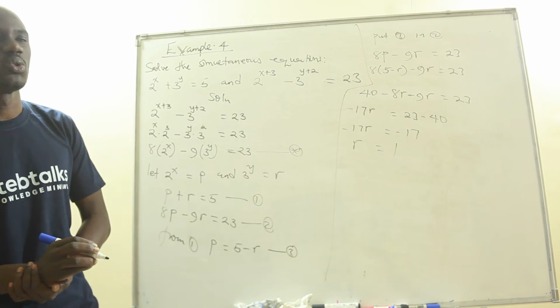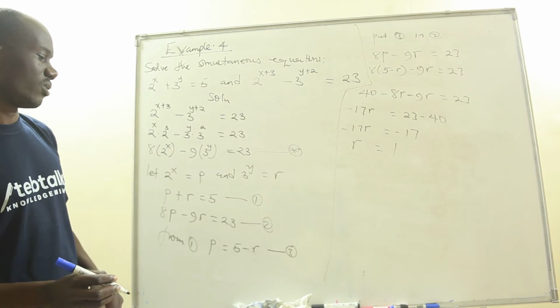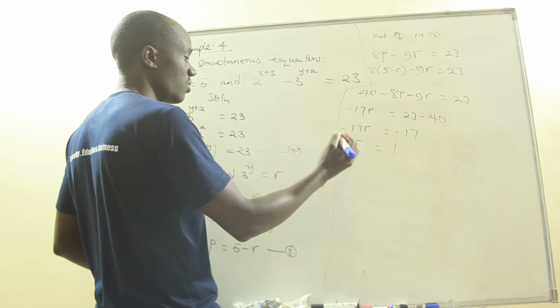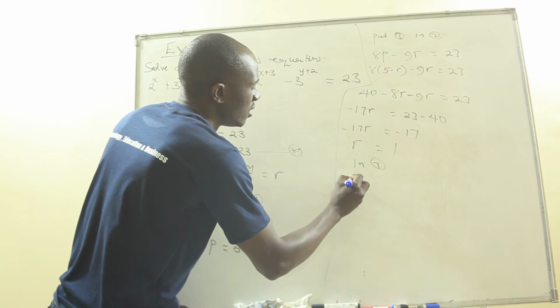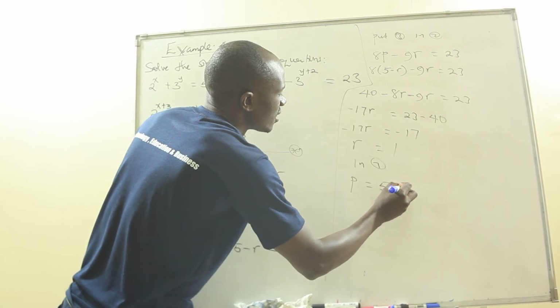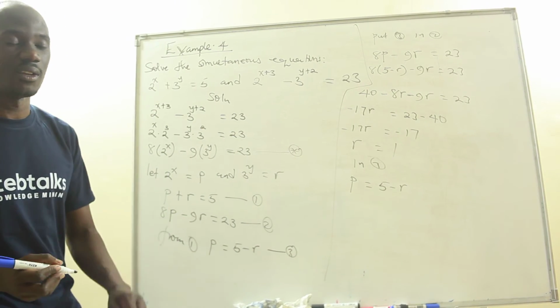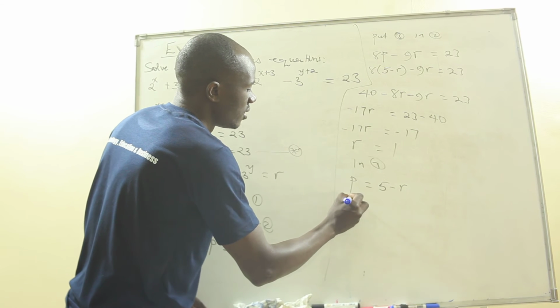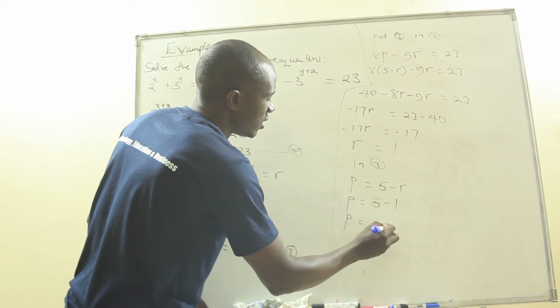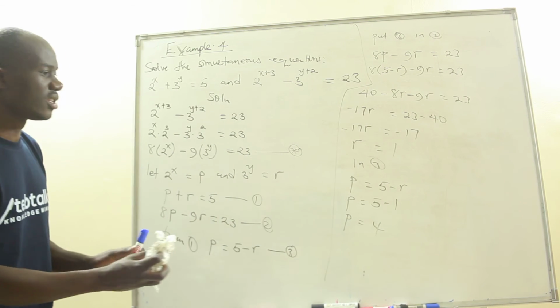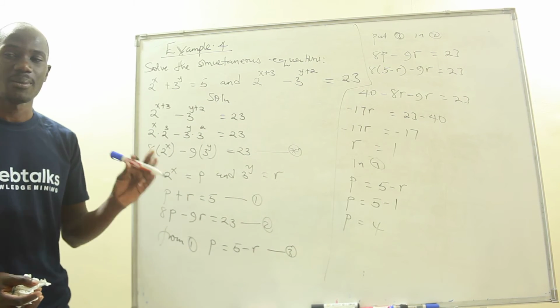After getting r equals 1, then you can substitute in an equation, in equation 3 or in 1. In 3, we have p equals 5 minus r. Our r is already 1, so p equals 5 minus 1. Our p equals 4.